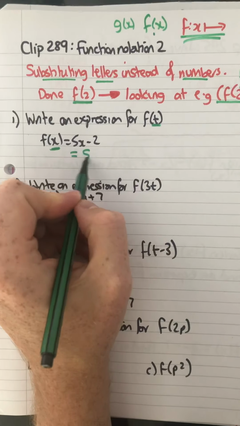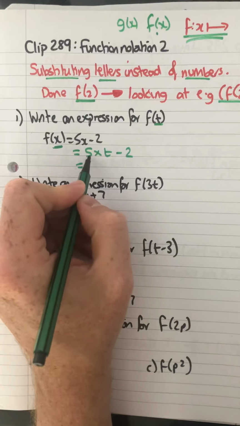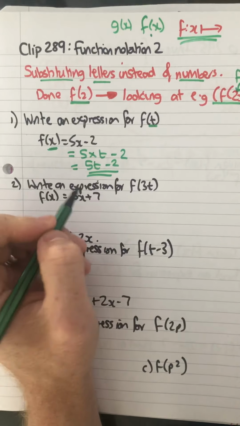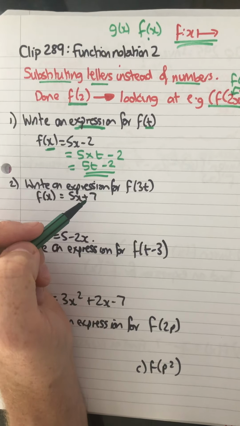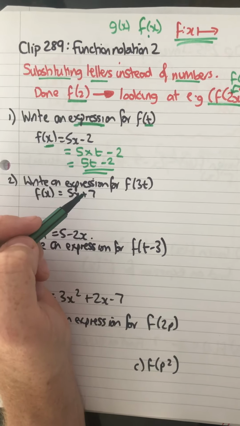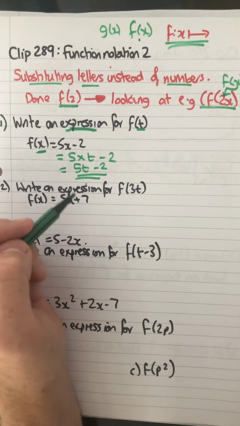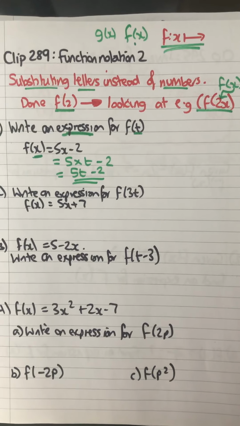So this would be 5 times t minus 2. Well, 5 times t is 5t minus 2. The important thing is you're always going to get an expression for your answer, not a single whole number. That would be evaluate. It will say write an expression, or it might say simplify.